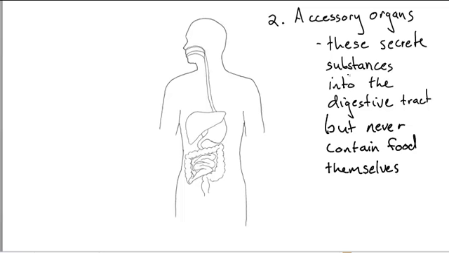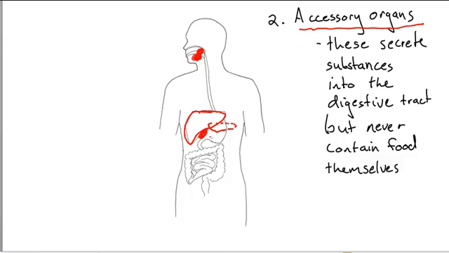So if we're to take a quick look at the accessory organs, they include up here in the mouth, salivary glands, down here the liver, an organ that you can't really see in this diagram because it hides behind the stomach, but the pancreas, and hiding in under here the gallbladder.